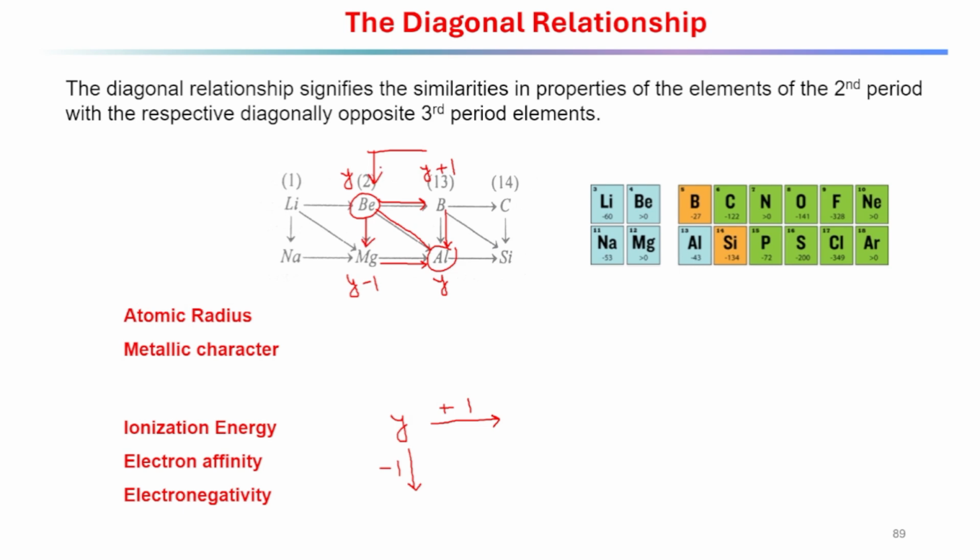I have already discussed this in this lecture; you can go back and check. So there are some trends that do not follow the order of the representative elements, the s and p block elements. Maybe along the group from top to down, in case of s and p it is increasing, but in case of d it is decreasing, or vice versa.